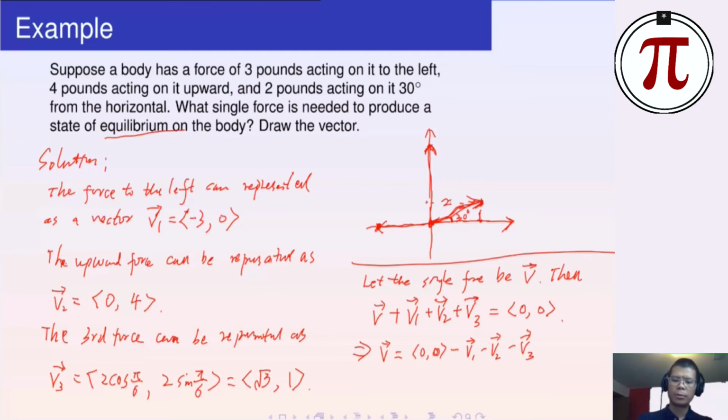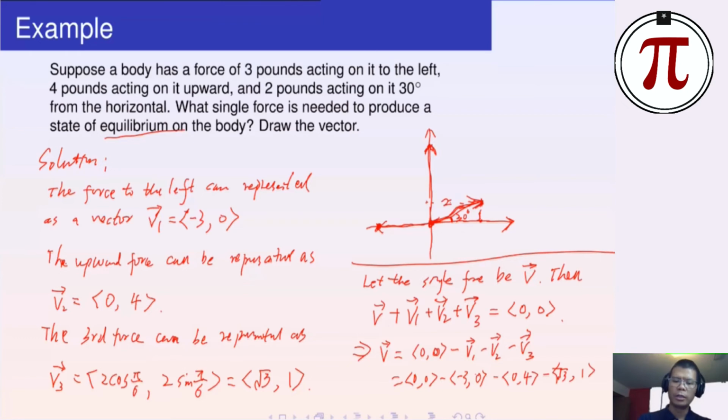So it equals 0, 0 minus -3, 0 minus 0, 4 minus square root of 3, 1.